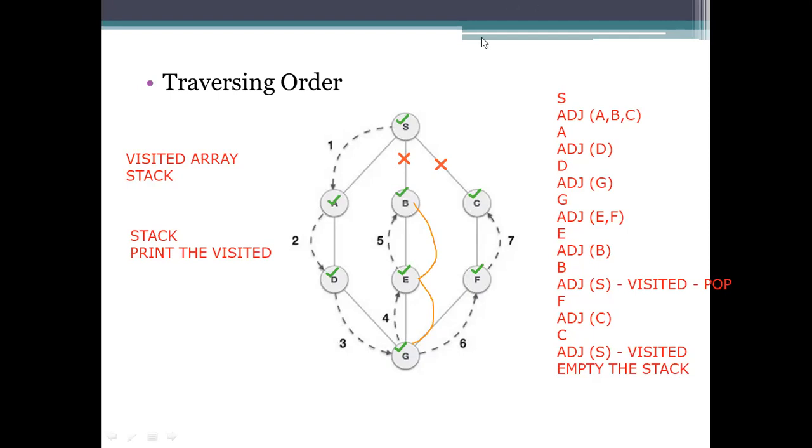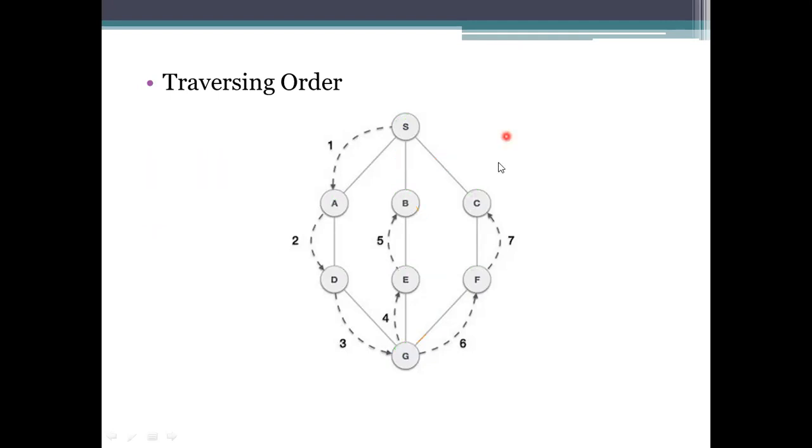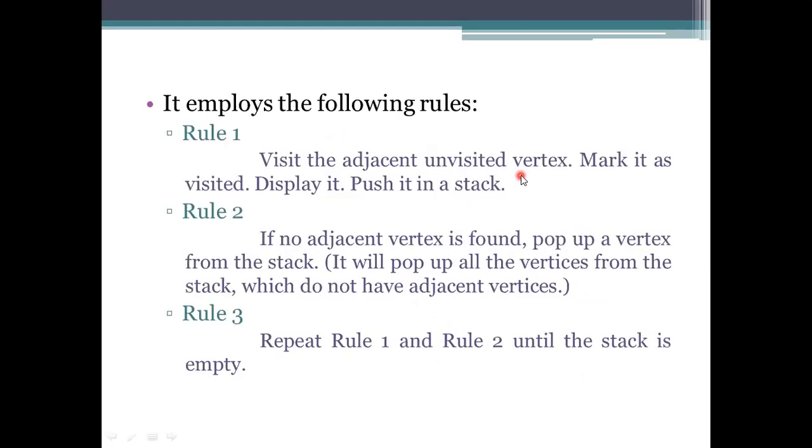To process like this, we need to follow rules like this in depth first search. So the rules are: first we need to visit the adjacent unvisited node or vertex. We need to mark it as visited, display it, and also push it into the stack. Then we look whether it is having any adjacent vertex or not.